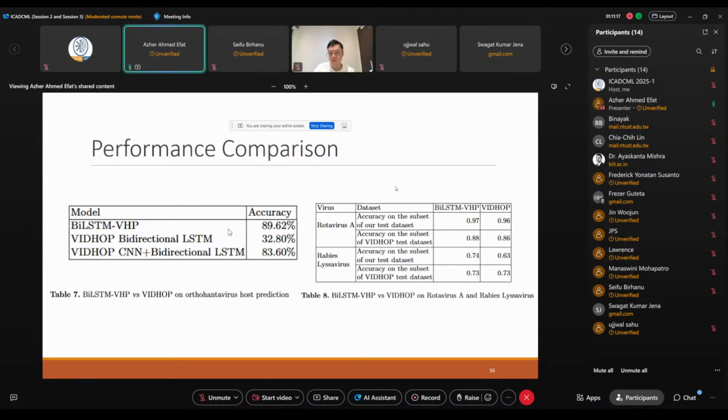So to compare the performance, we created a subset of our test dataset and their test dataset containing only the common classes between both studies, and then compared the performance, and you can see that our model BioSystem VHP outperforms VDOP in 3 cases, and in the remaining case we have a tie with VDOP.